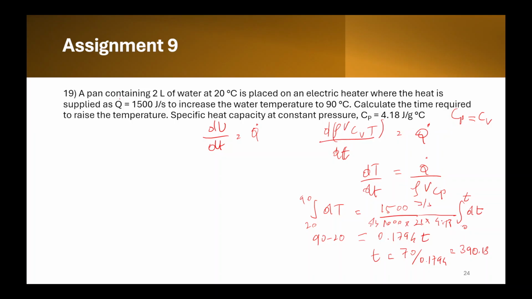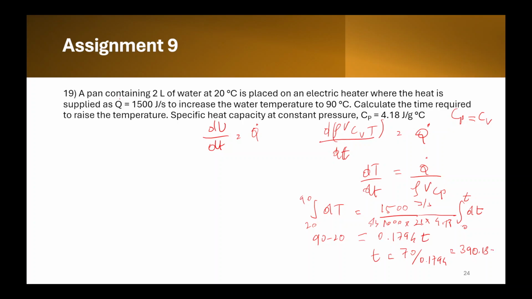So this liter and liter will get cancelled. This gram and this gram will get cancelled. So it will be joule per degree Celsius, and this is joule per second. So this second and this second will get cancelled. Joule will get cancelled. We only get degree Celsius in the numerator. So the units are consistent here.